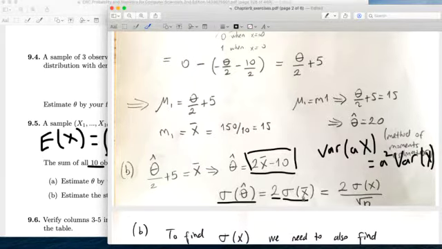And what is the standard deviation of x bar? If you know the standard deviation of individual x's, we already know that the standard deviation of x bar, when you have the sample size n, is equal to the standard deviation of the individual x's divided by the square root of n. Again, this follows from the linearity of expectation, the relationship between variances.